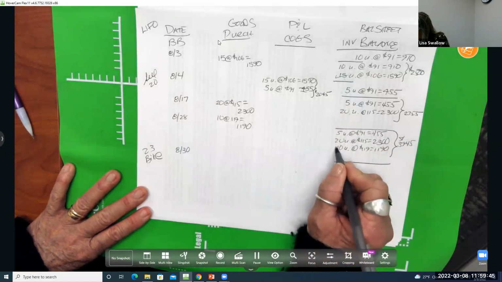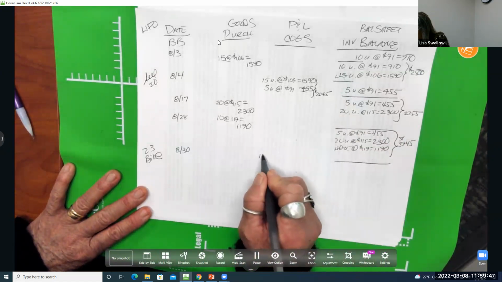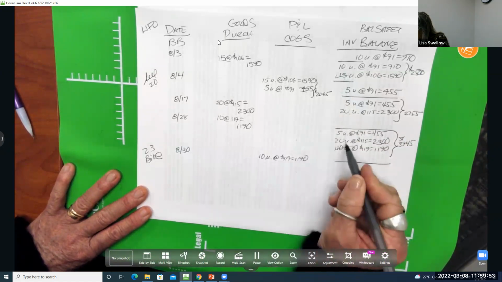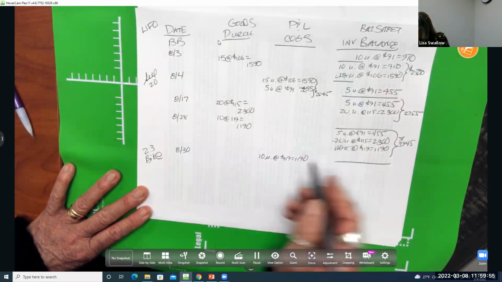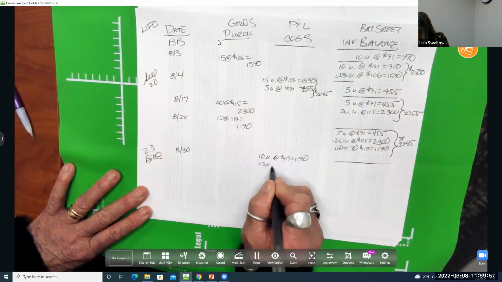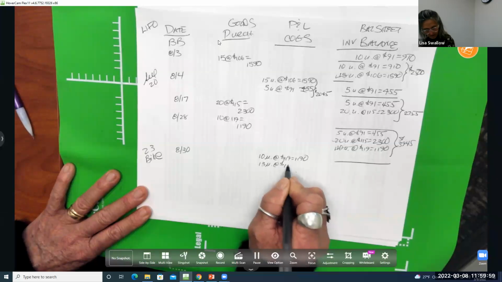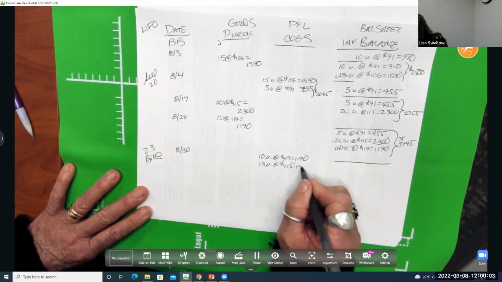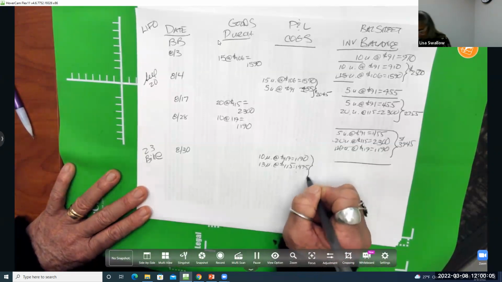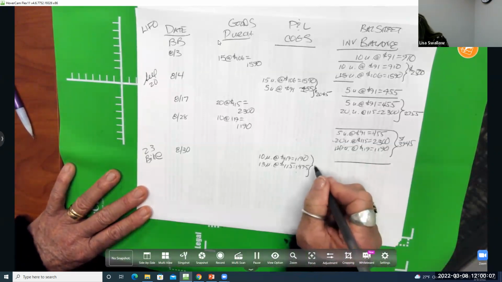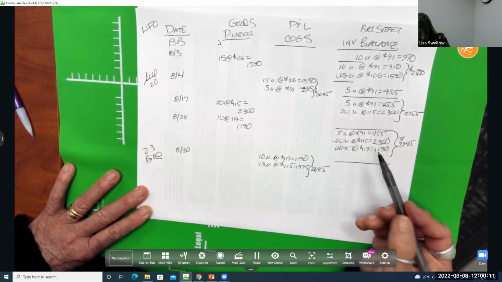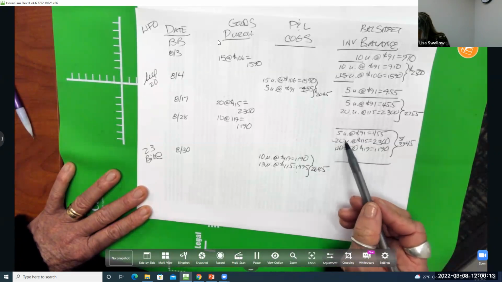Okay, so I sold 23 bikes, so I sold 10 out of here. And the other 13 came from this batch. So therefore, let's see, what did I say? 13 came from here.